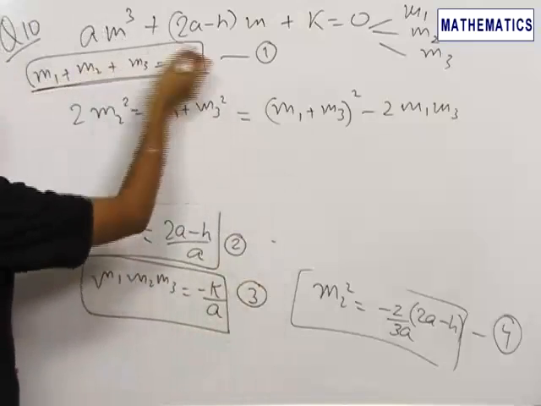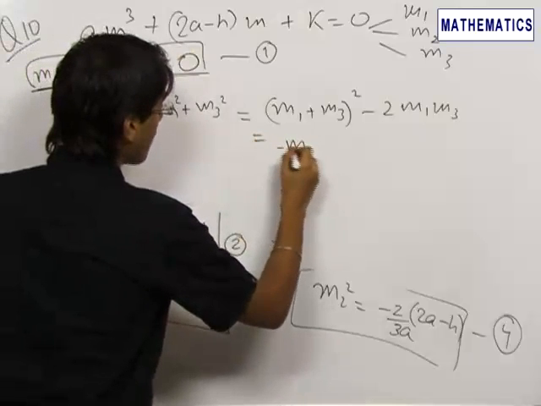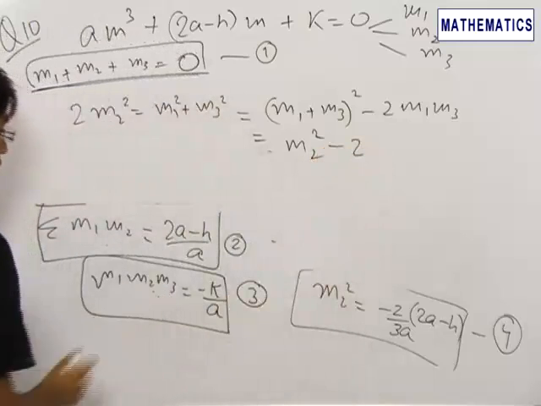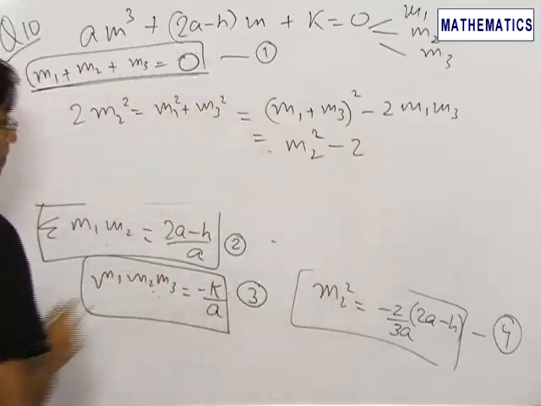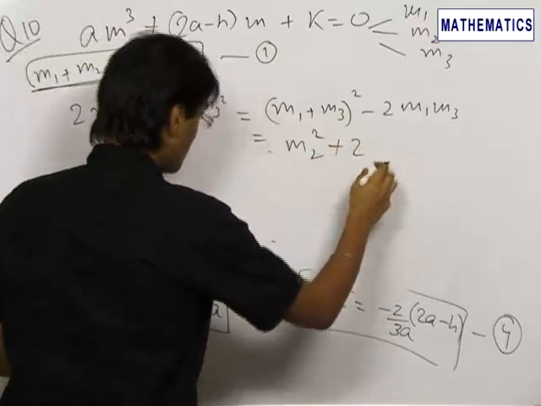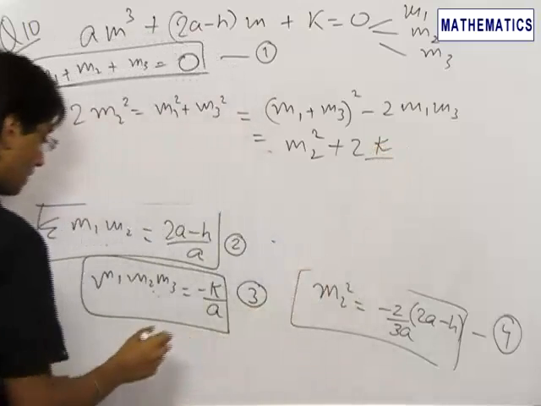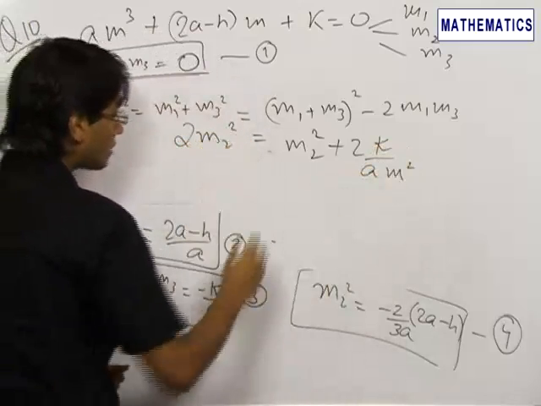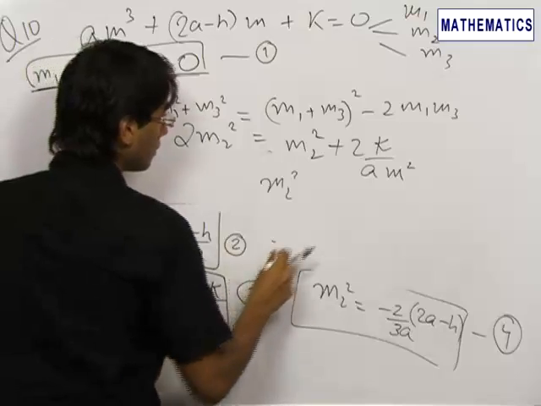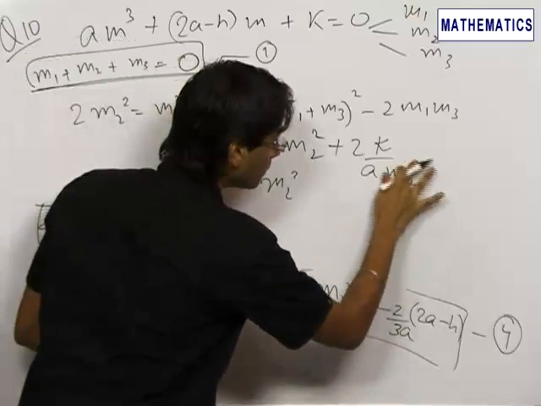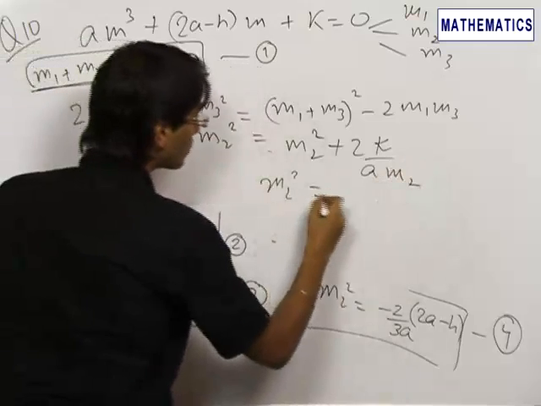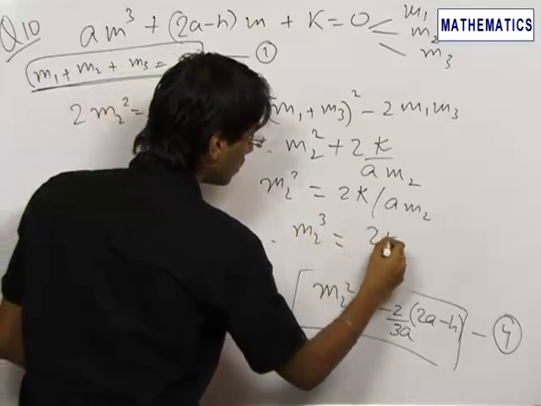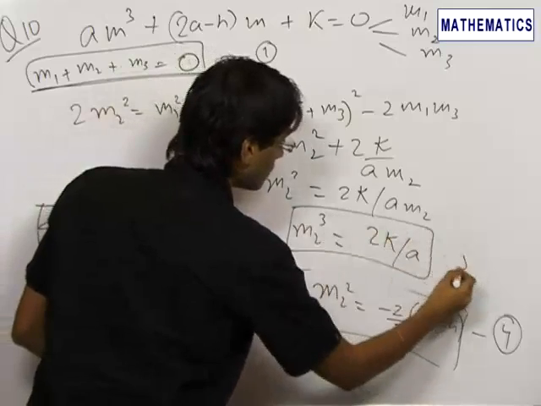We know that m1 plus m3 is equal to minus m2, so this we can write as m2 square, and from the third equation we know that m1 m3 is equal to minus k upon am2, so this becomes plus 2k upon am2. This is equal to 2m2 square. Hence the value of m2 cube comes out to be equal to 2k by a. This is our fifth equation.